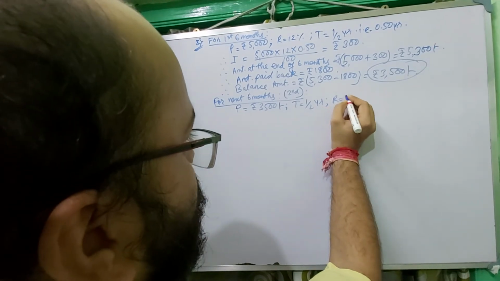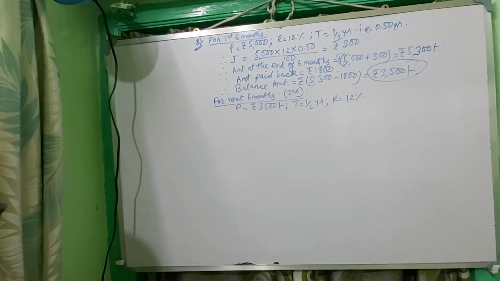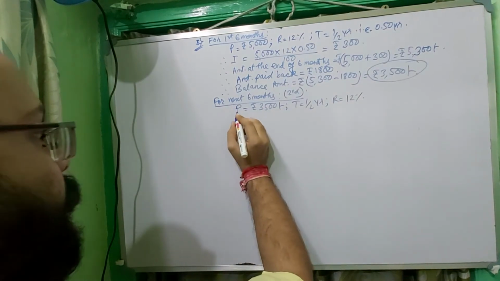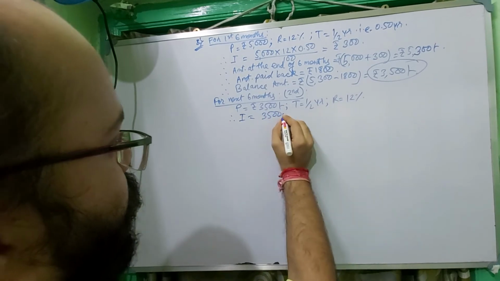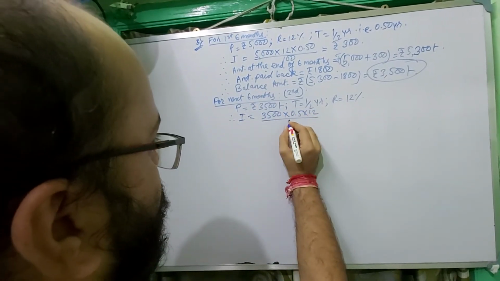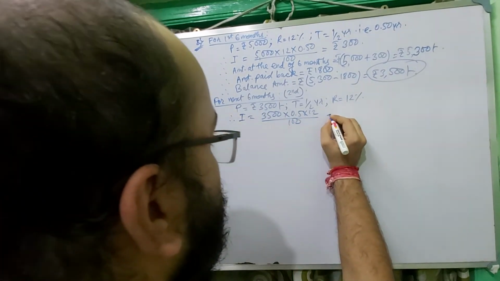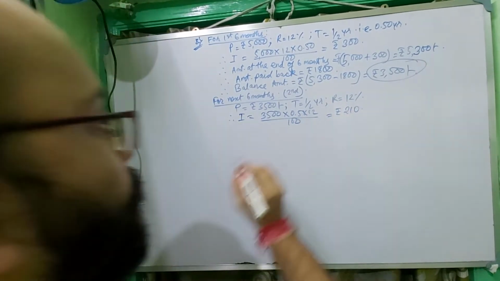Again the interest will be 3,500 into 0.5 into 12 by 100, we will get rupees 210.